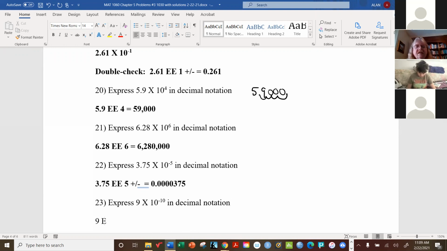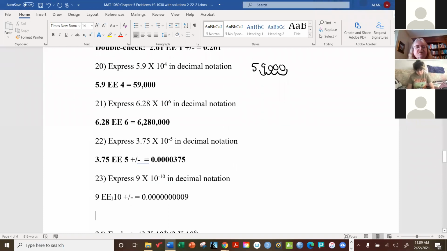And then finally, we have 9 EE negative 10 equals. Now this one, you gotta be careful with it. There's 9 leading zeros. That's a lot of leading zeros to keep track of.